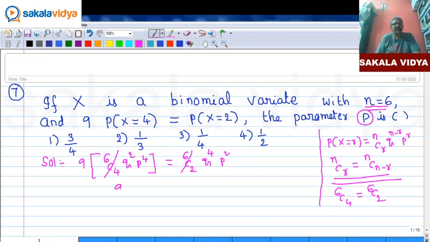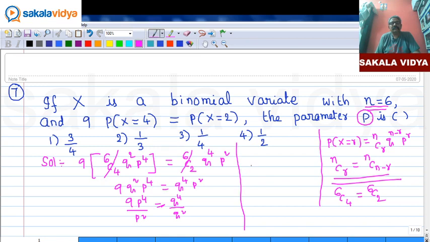We have here 9 q square p power 4 equals q power 4 p square. This we can write like this. So, 9 p power 4 by p square equal to q power 4 by q square. So, this can be rewritten as 9 p square is equal to q square.